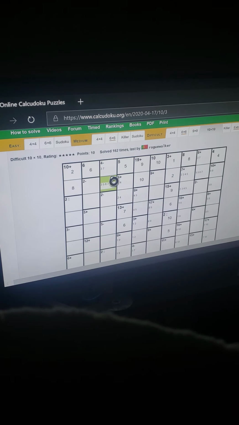And now I get a 3-7 pair. And one thing to know with this, with 3-7 being up here, these two numbers have exactly a difference of 4. So this is also a 3-7 pair.